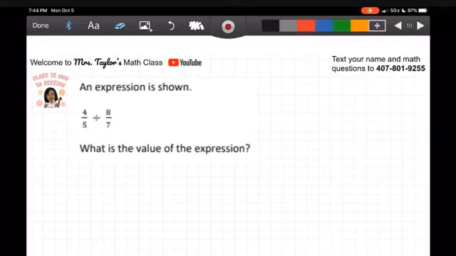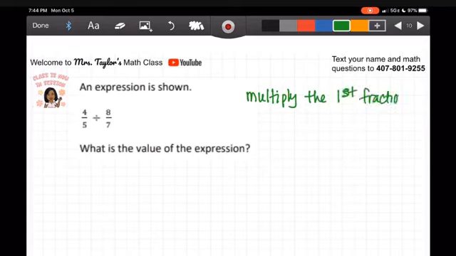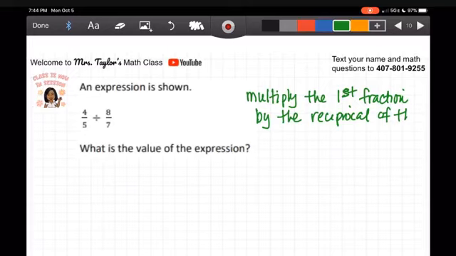We need to multiply the first fraction by the reciprocal of the second fraction. And we just talked about reciprocal.